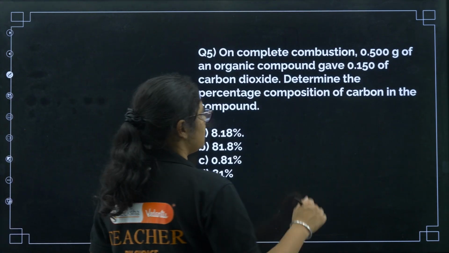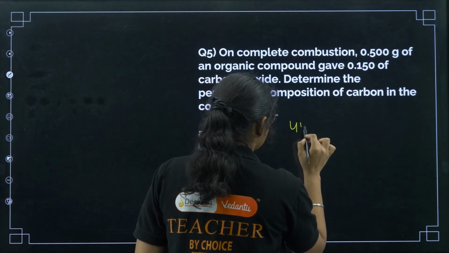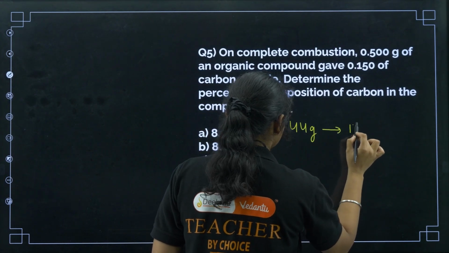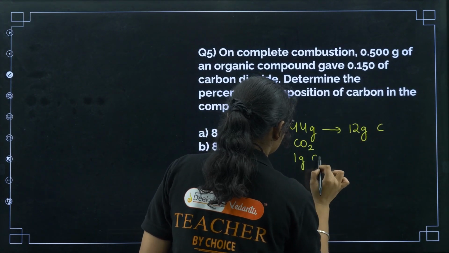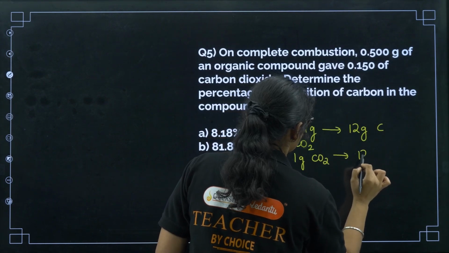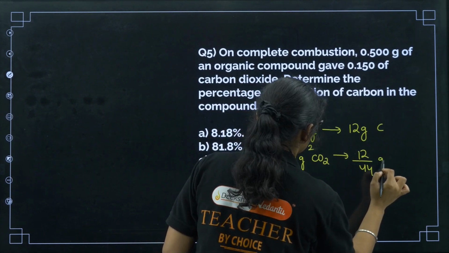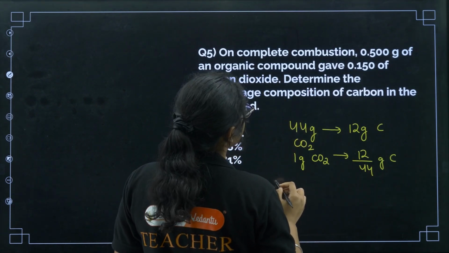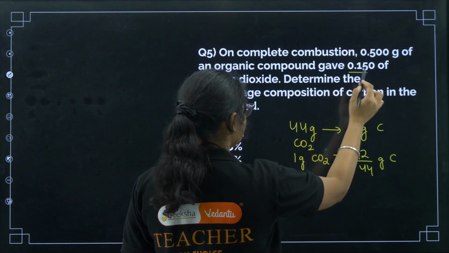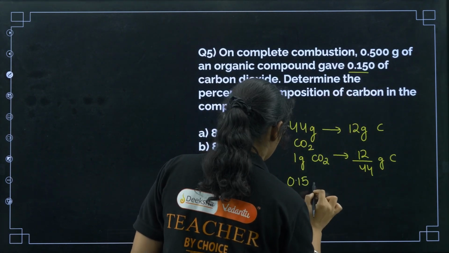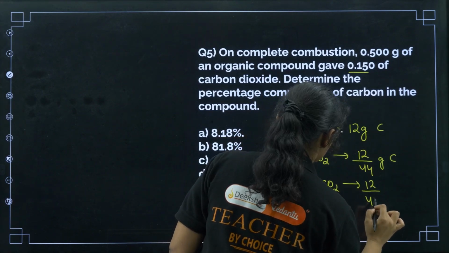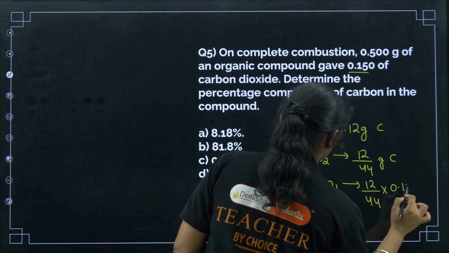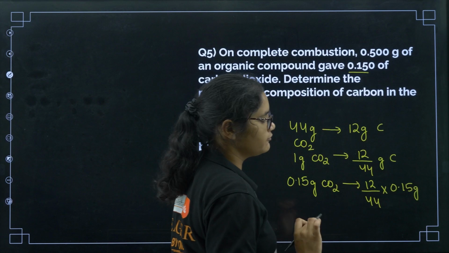So this you can do very easily. If you know carbon dioxide, 44 gram contains how much? 12 gram of carbon, right? 1 gram of carbon dioxide will contain 12 by 44 gram of carbon. Next, 0.15 gram of carbon dioxide will give me 12 by 44 into 0.15 gram of carbon.